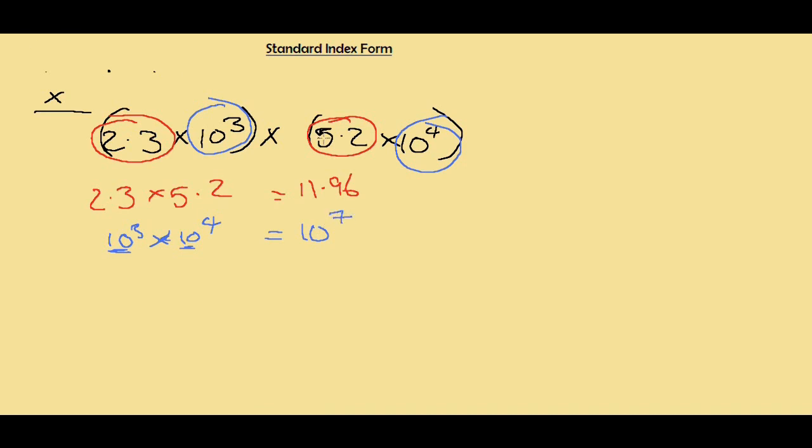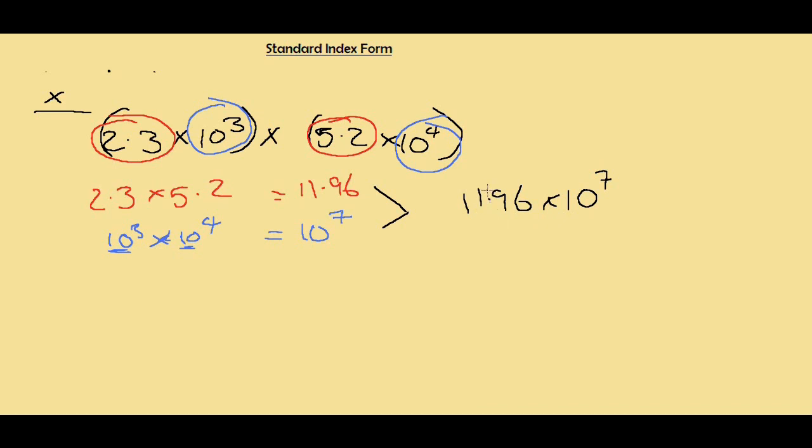So what we've got here is a combination of this and this to make 11.96 times 10 to the power of 7. However, those of you that may have realized already, this number here is not in the guidelines for standard index form. This is not between 1 and 10.